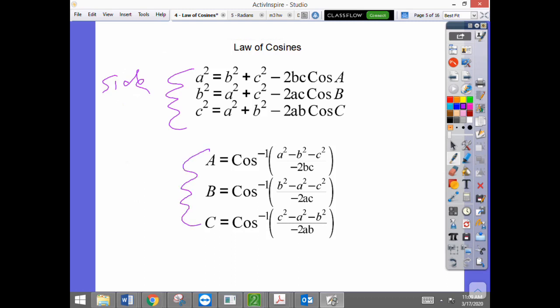And these 3 right here are helpful when we're looking for an angle. And really, we just have to know what we're looking for, and these are really just kind of plug and chug type formulas. And in the next 2 videos, we'll see how those 2 formulas work.